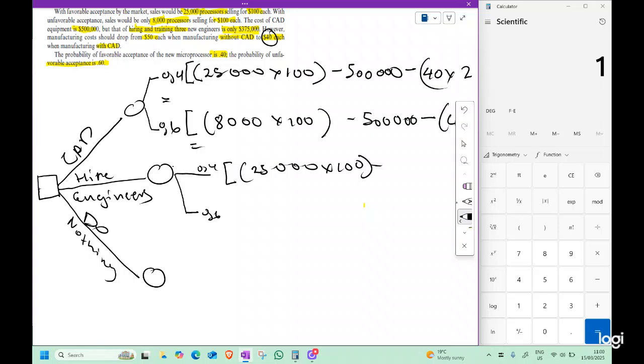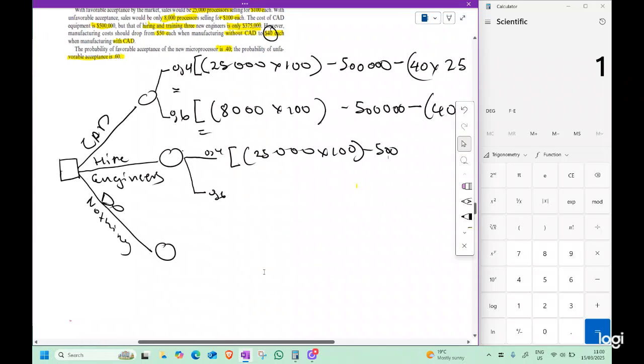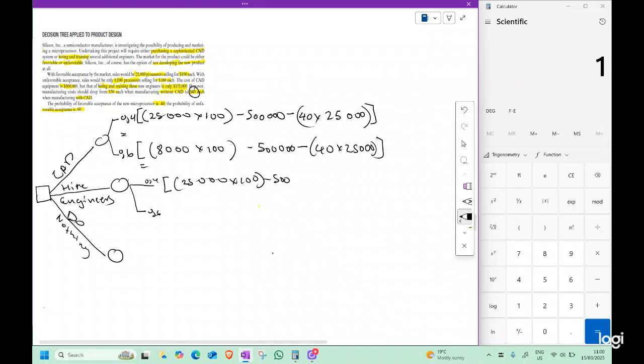Close bracket minus 500,000, minus 40 multiplied by 25,000. Here is supposed to be 8,000. Right, then the answer goes there.